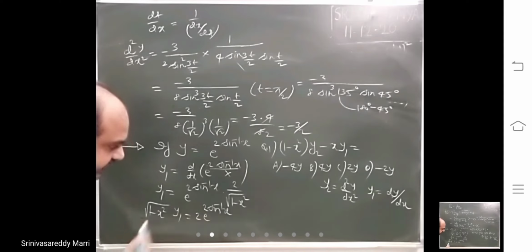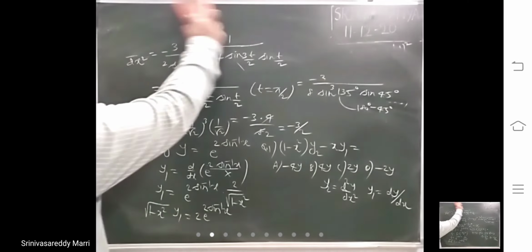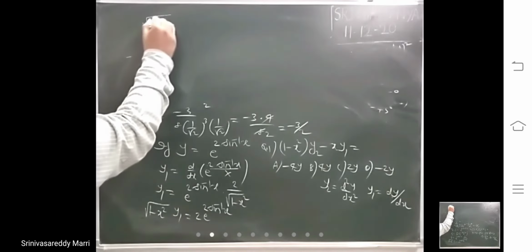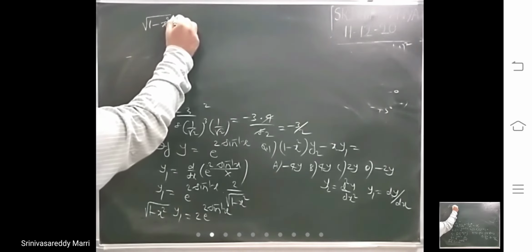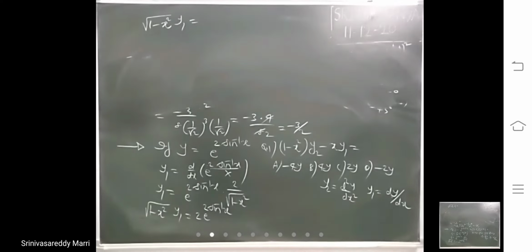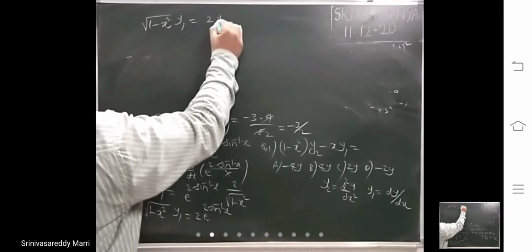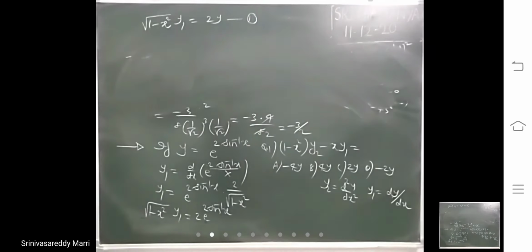Instead of doing directly, I will use one technique here. So this root of 1 minus x square denominator I have brought to this side, and then root of 1 minus x square into y1 equals 2y, this is y only, this is the given one. Let us say first equation.